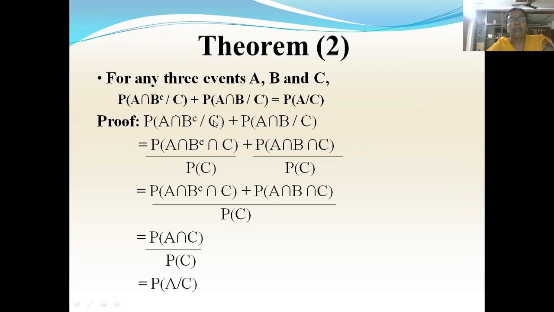So as per the definition of conditional probability, I can write this as P of A intersection B complement intersection C by P of C plus, this also similarly using conditional probability. What is conditional probability?